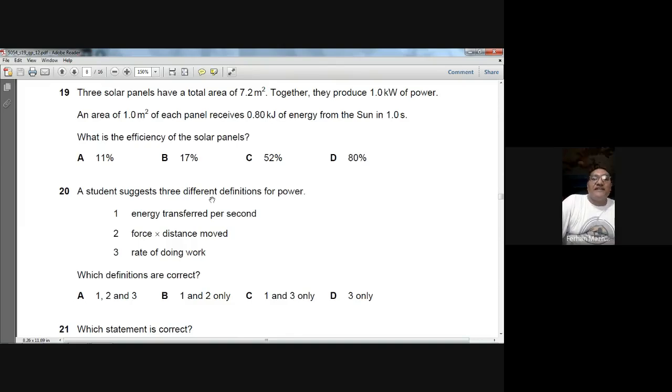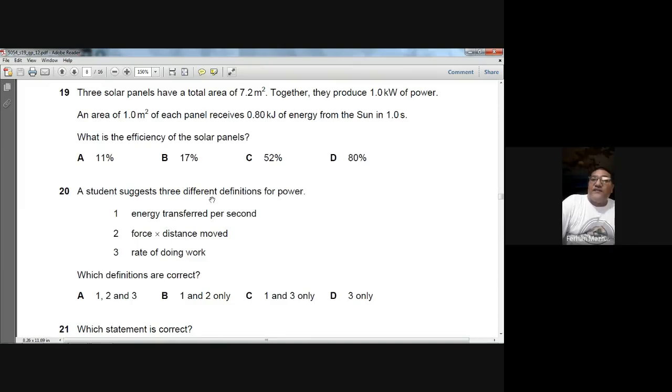So the output power is given, 1 kilowatt. An area of 1 meter square of each panel receives 0.80 kilojoules of energy from the sun in 1 second. What is the efficiency of the solar panel? So this is the input energy given to us.